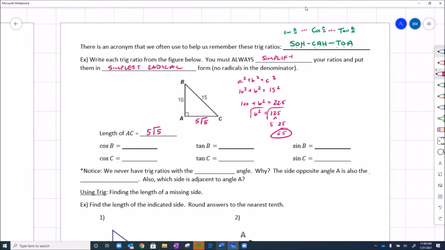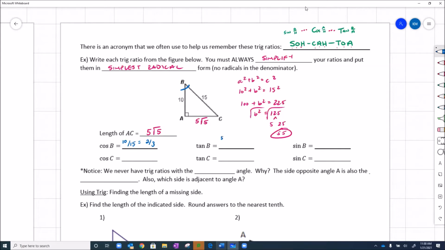Okay, so now we're writing these ratios. Cosine of B, that's adjacent over hypotenuse. So we're at B, the adjacent is 10. The hypotenuse is 15. Simplify that, 2 over 3. Tangent of B, that's opposite over adjacent.